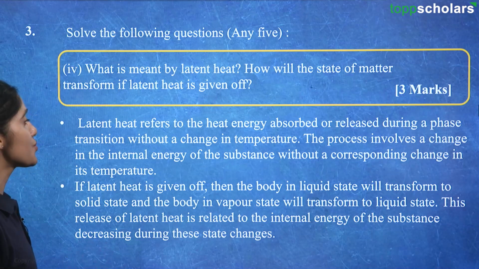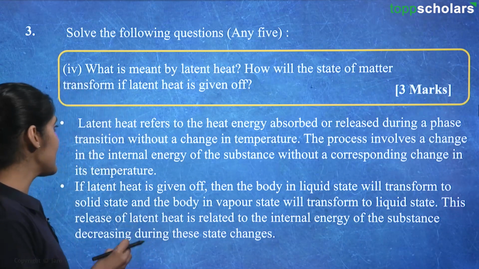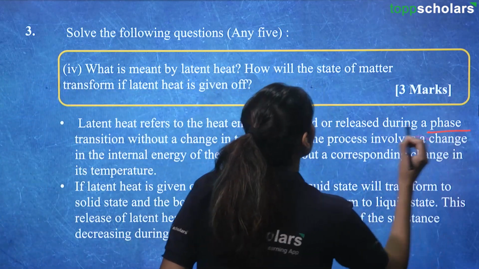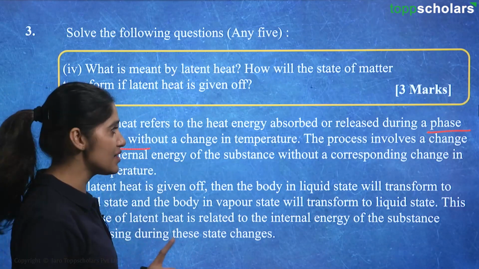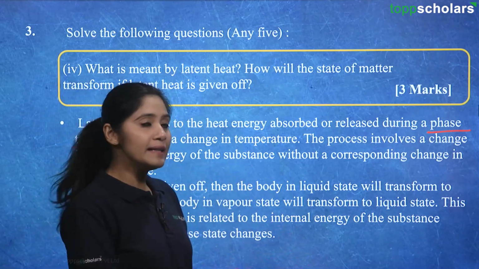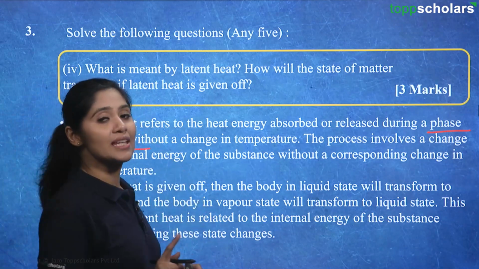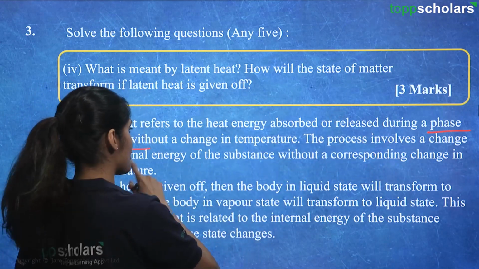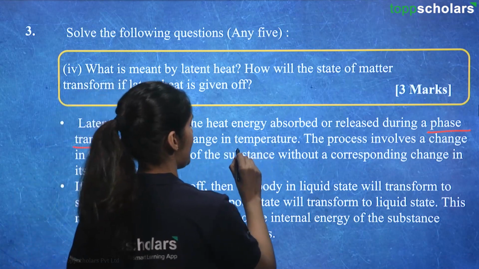Latent heat refers to the heat energy absorbed or released during a phase transition. So here the key word is phase transition. Latent heat refers to the heat energy absorbed or released during phase transition without change in temperature.